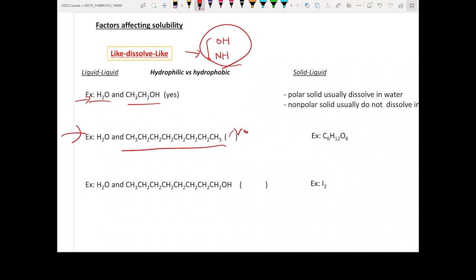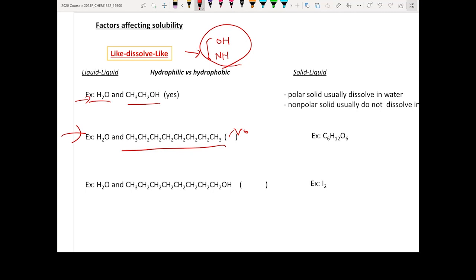In chemistry, there's a course called organic chemistry, a subject that studies how to prepare all different kinds of carbon hydrogen compounds. Why are carbon hydrogen compounds hydrophobic?